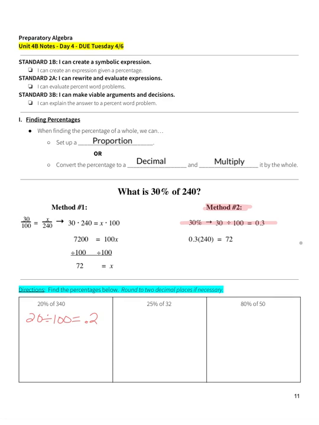My second step is to multiply by the whole. So I have my decimal of 0.2, and I'm going to multiply that by the whole, which in this case is 340. And that gives me an answer of 68.